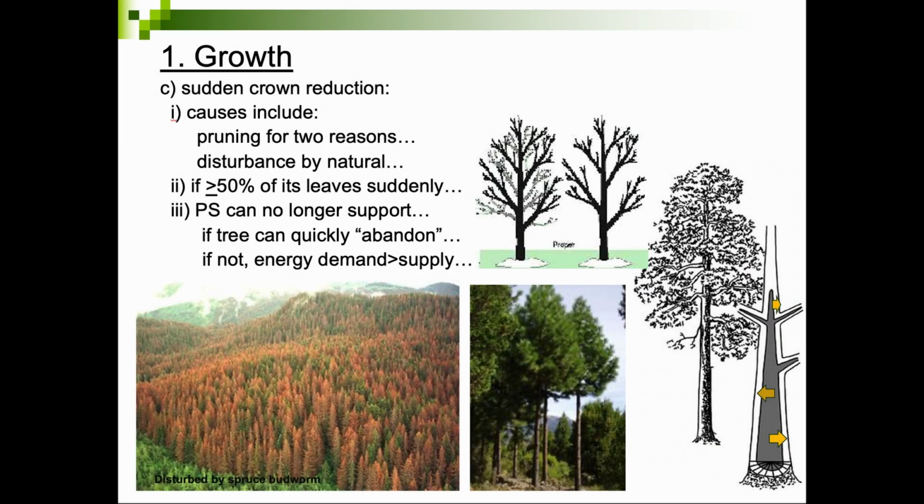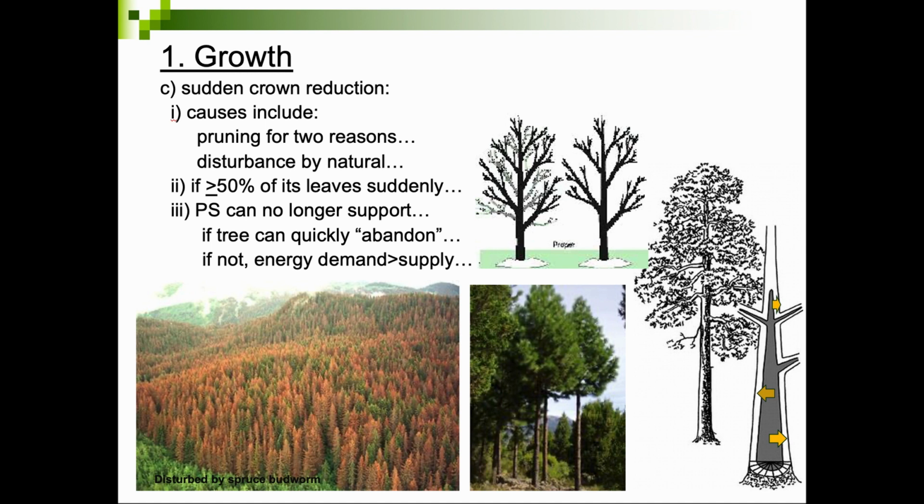The topic of this lecture is sudden crown reduction. An individual tree can have its crown greatly reduced for the following reasons. First, you're going to have a natural cause, such as herbivory, pathogens, and parasites consuming or removing photosynthetic structures on plants.